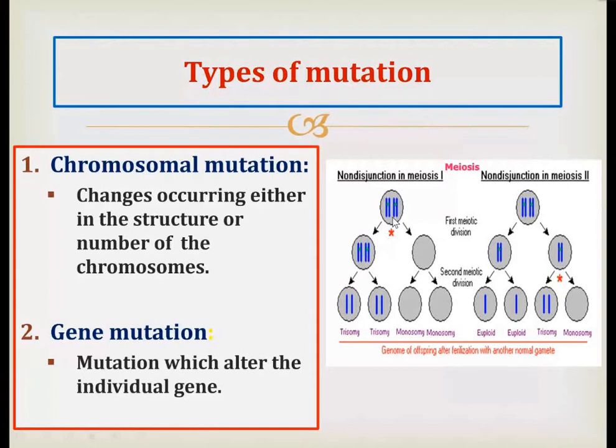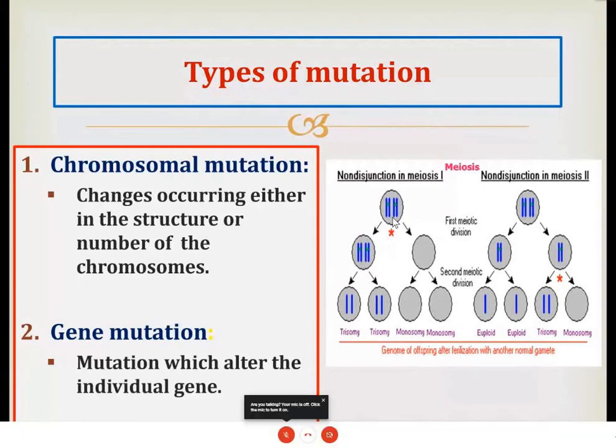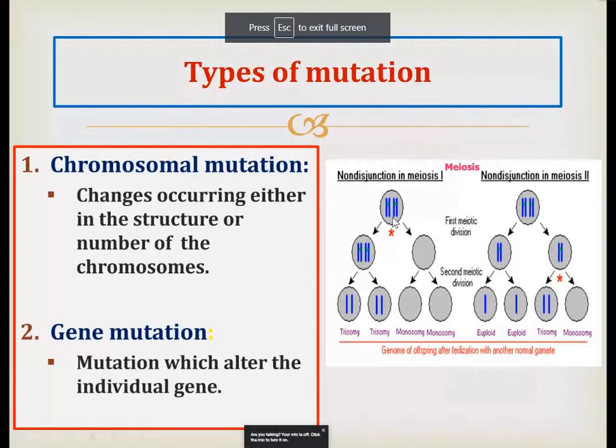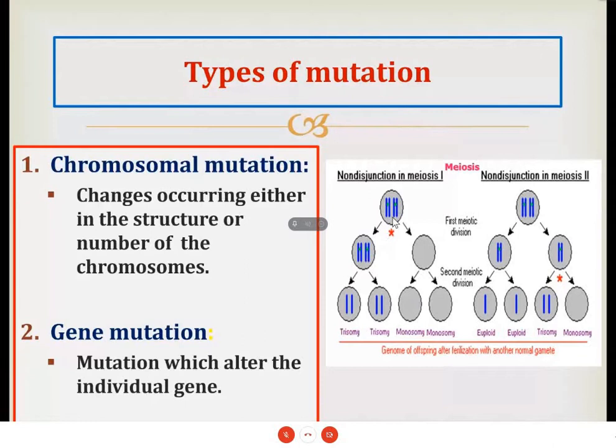So this is the main reason. The chromosome number may get increased or decreased, and the main reason for this is non-disjunction, the failure of separation of the chromosomes during cell division. That is known as non-disjunction.